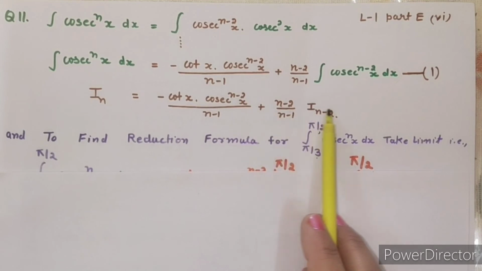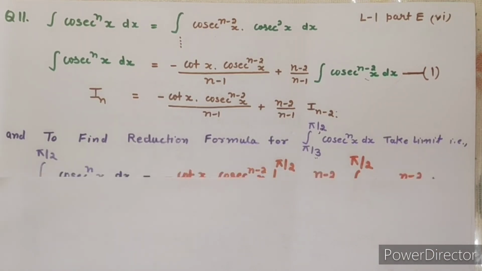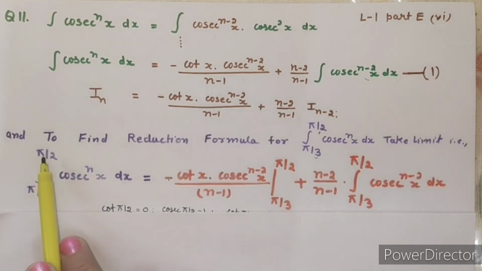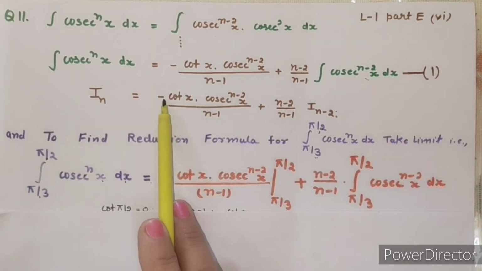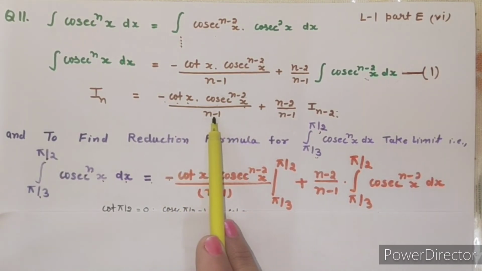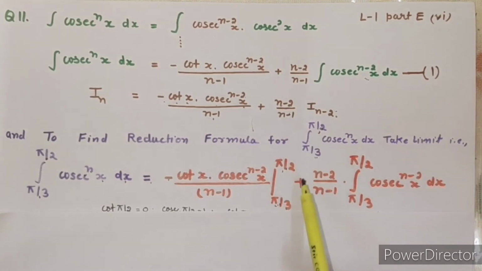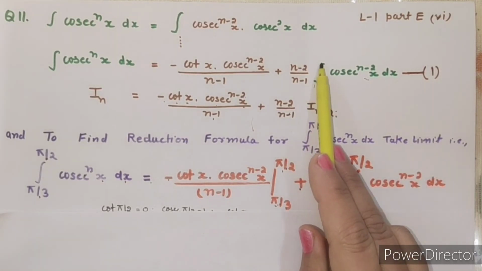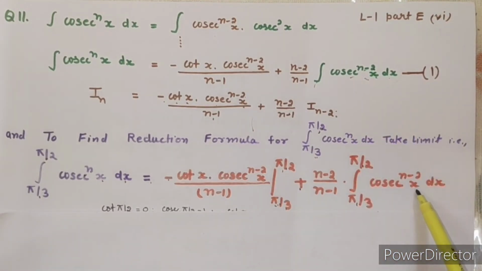So I will put limit pi by 3 to pi by 2 in equation 1. So left hand side becomes pi by 3 to pi by 2 cosecant nx d of x, which is equal to minus cot x cosecant n minus 2x upon n minus 1, limit pi by 3 to pi by 2, plus n minus 2 upon n minus 1, integral pi by 3 to pi by 2 cosecant n minus 2x d of x.